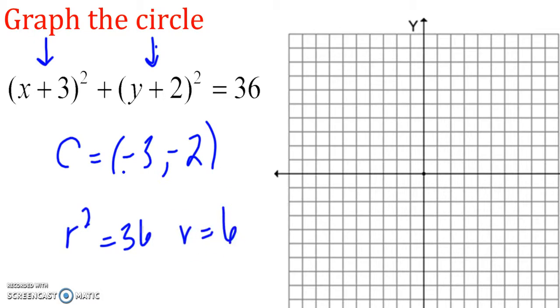So I go to negative 3, down 2, and I go 1, 2, 3, 6. I go up 6. And I graph my circle.